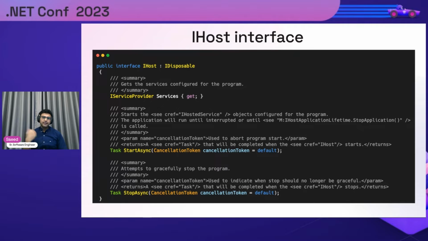So that run is an extension method for the host, and internally it will call the StartAsync method for running all of the dependencies related to our application. So StartAsync will try to call all of these hosted services, and in any case, if we want to stop our application, the stop method will be called and stop all of these subsequent operations in our application.